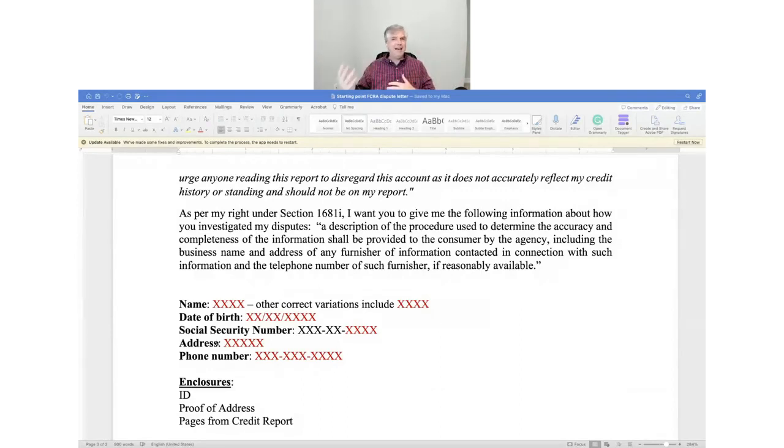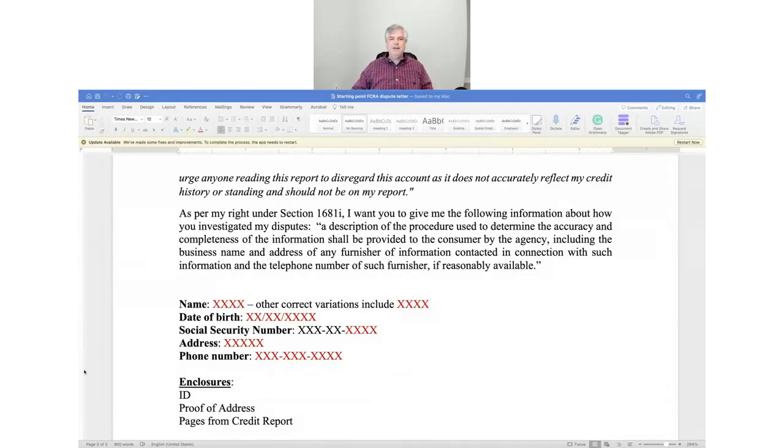If you have accounts that are still in a previous name, put all the forms of your name down. My legal name is John, but if it was Jonathan, I would say my name is Jonathan Watts, also John Watts. We want to give them the variations that we use, and not give them any excuse to say, well, I can't find you.